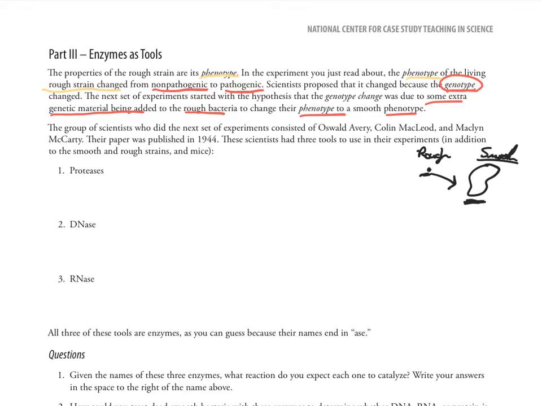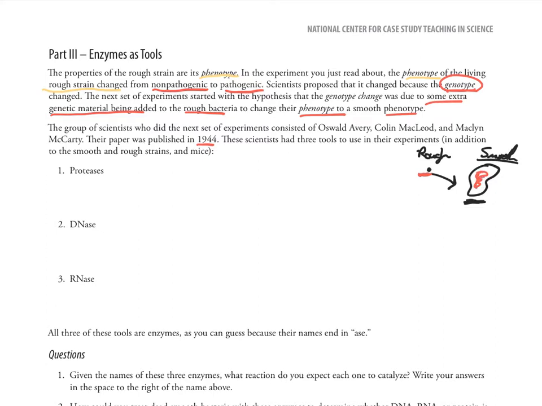You have this genetic sequence, which at this time in the 1940s, we didn't really understand what molecule it was that carried. That's the whole point of these experiments: what molecule carried the genetic information. That was what they were trying to figure out. So from Griffith's experiments, we learned that you can take some genetic information.